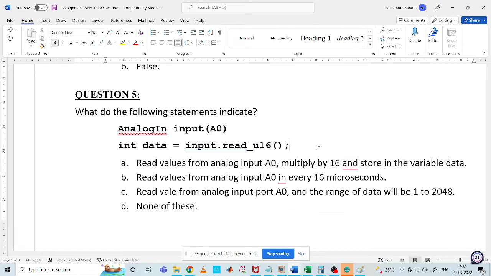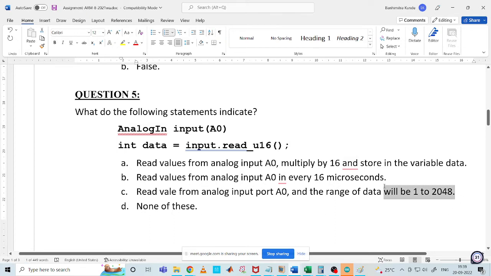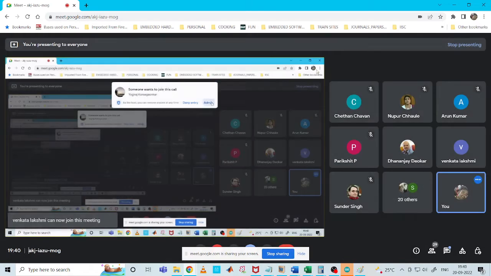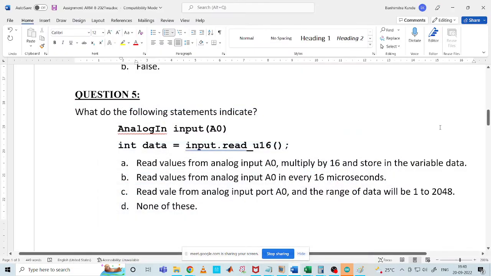So if it is a 12-bit ADC, and if I give this option C as 1 to 2048, will it be correct? But here it is not mentioned how many bits the ADC is. I know, that's what I'm saying. Let's say it is a 12-bit ADC. 10-bit is 1024, and 12-bit is double that value, 2048. Then it is correct.